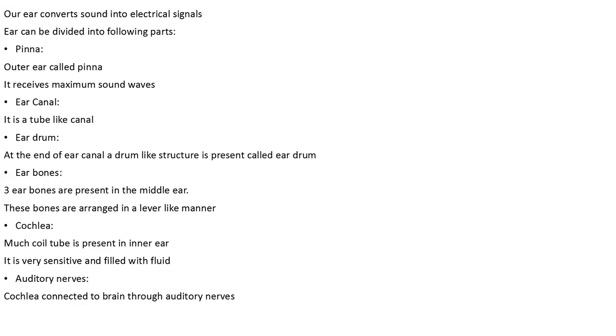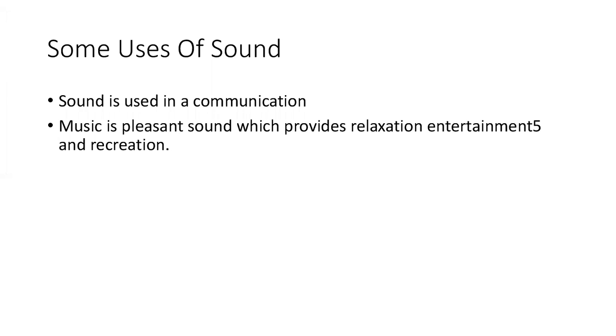The fluid and the hair-like structures in the cochlea vibrate and move, and send a message, and this vibration is sent through the auditory nerve to the brain. The brain is the area which recognizes what kind of sound it is. Is it clear to all of you what sound is and how it is produced?